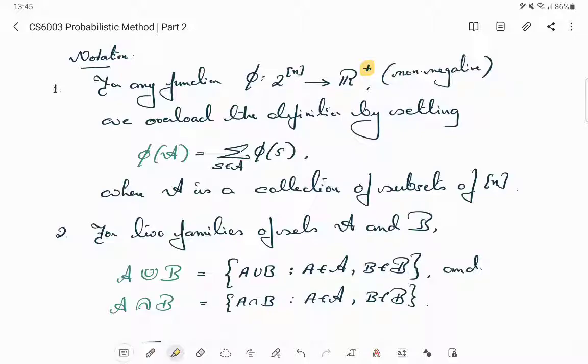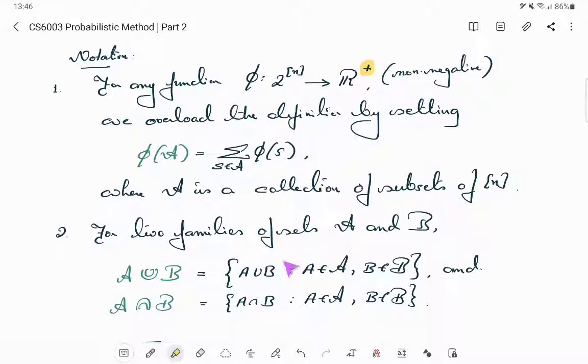So the double union of two families is, you go inside each family, pick one set A from the first family script A, and B from the second family script B, and then take their union. So for example, if this script A has m sets and this collection has n sets, you may have at most m times n many sets here, whereas in a normal union it could only be at most m plus n.